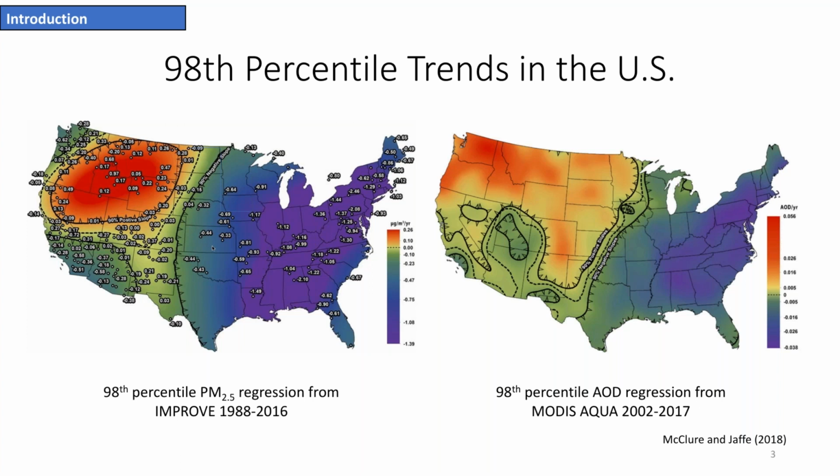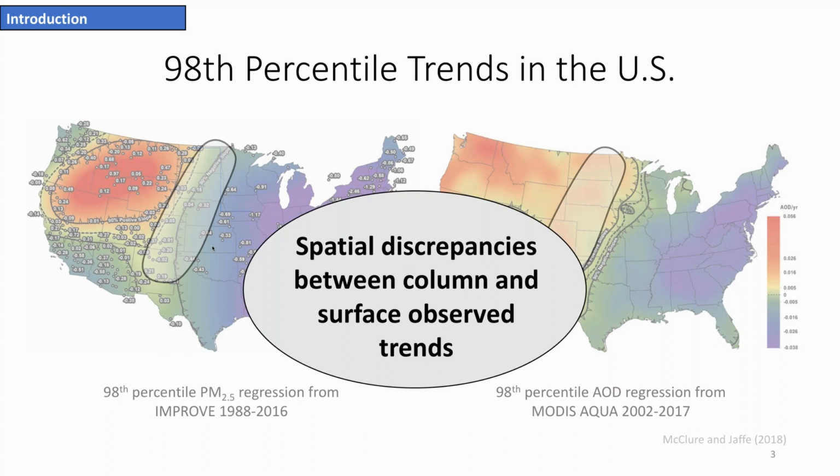I want to highlight where the trends are not the same, which would be over the Great Plains, where we see positive trends in AOD but negative to negligible trends in surface PM 2.5 measurements. This indicates that there are spatial discrepancies between what we're observing in column and surface trends. Our hypothesis before beginning this research was that that may be due to dust in the column.